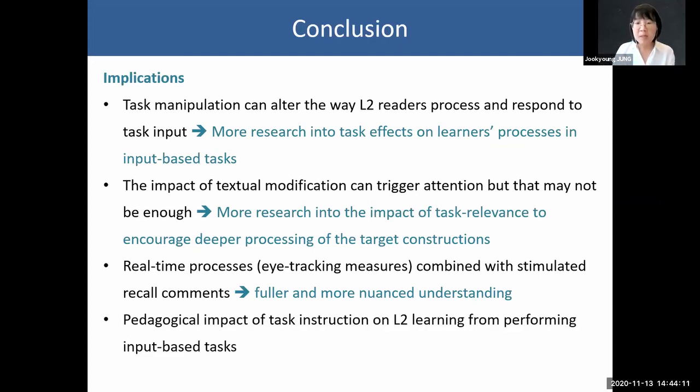So in sum, pedagogically speaking, when we design our L2 reading task, we may need to be very careful because, as I mentioned in the earlier slide, our goal is to promote the dual goals of L2 reading. One is improving reading comprehension skills, but that may not be enough. We need one more: facilitating L2 learning from engaging in L2 reading tasks.